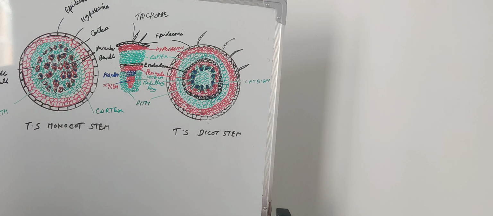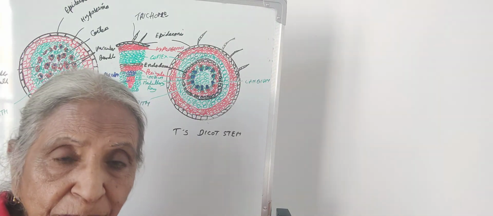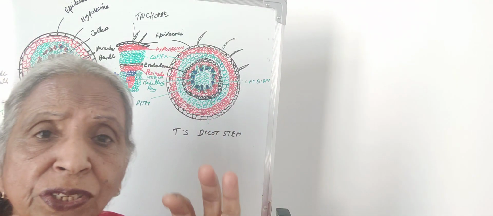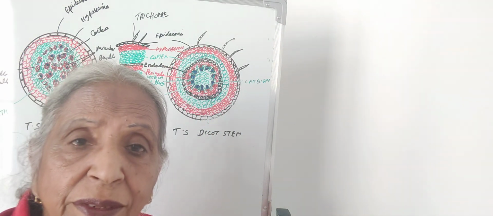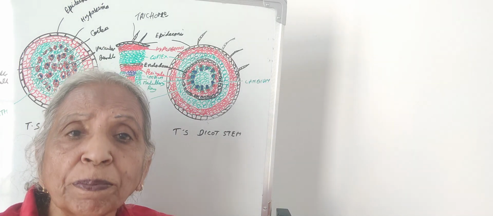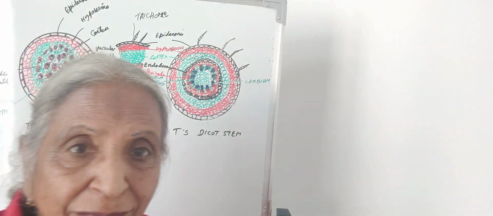Then in the stem, in the vascular bundle, there is secondary growth by means of vascular cambium. When this xylem increases in size, it will exert pressure toward the outside. So epidermis as well as some cortex cells will be broken.